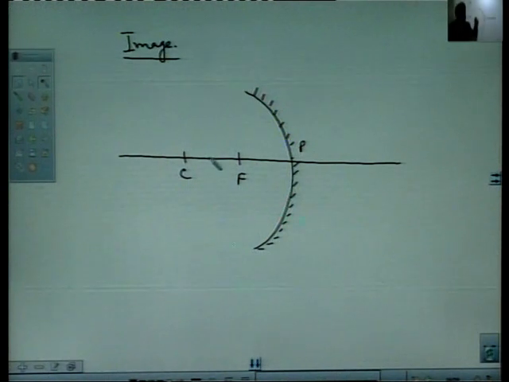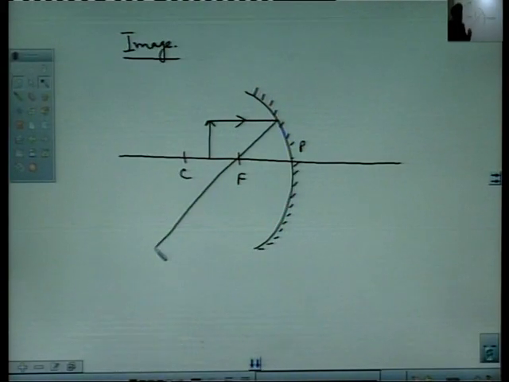The object is between F and C, focus and center of curvature. A ray of light parallel to the principal axis goes and strikes the mirror, and after reflection it will come through the focus.